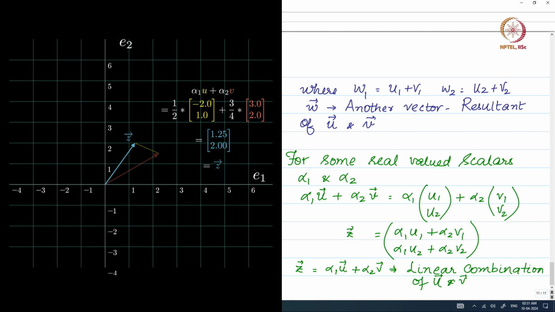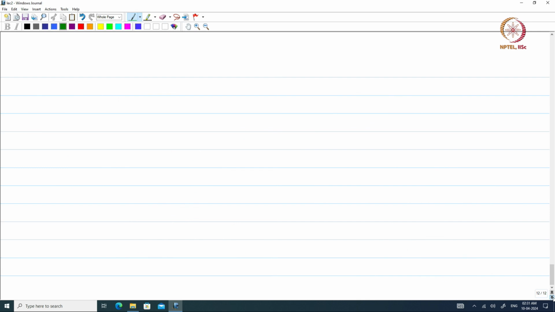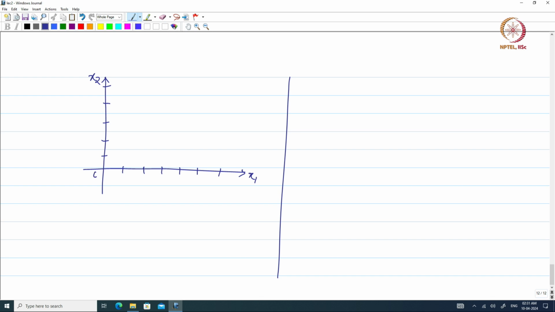So, what is it to say linear? Let's see geometrically what it actually means. That makes the understanding a bit more clear. So, I am going to have, let us say, this is the x1 axis and that is the x2 axis. So, let me mark points this way: 0, 1, 2, 3, 4, 5, 6, and 1, 2, 3, 4, 5.